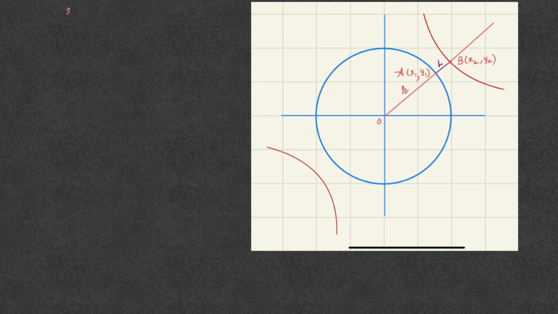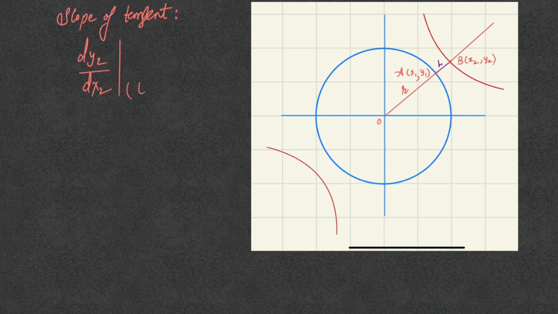Now for the slope of the tangent at point t comma 4 by t, this will become minus 4 upon t square, because y2 is 4 upon t and the derivative of 4 upon t is minus 4 upon t square.